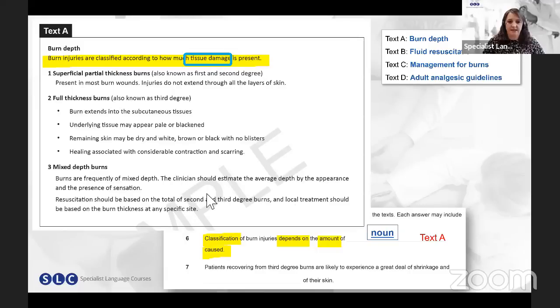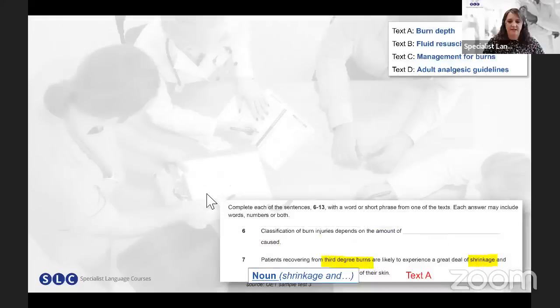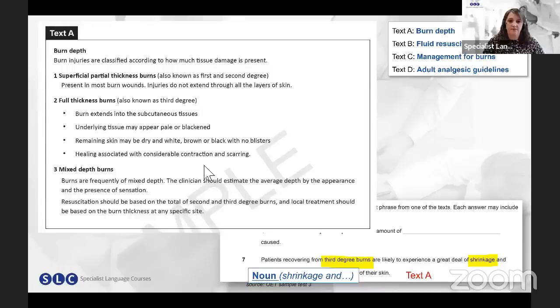All right, so let's take a look at number 7 together. So we know that we're looking for a noun, and we know that we're looking in 3rd degree burns and what goes with shrinkage. So here is our text. We know that we're looking at 3rd degree burns, which we've got here. So take a look, and what is our missing noun? Shrinkage and what? Pop your ideas into the comments.